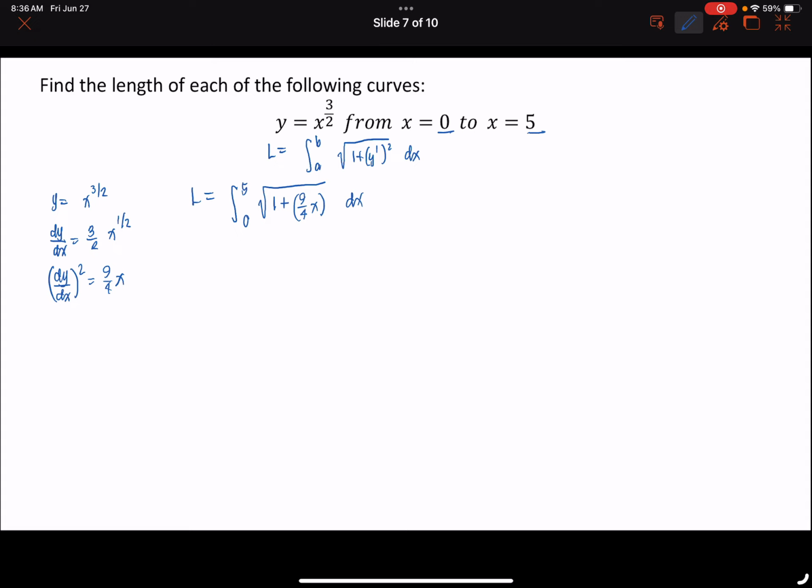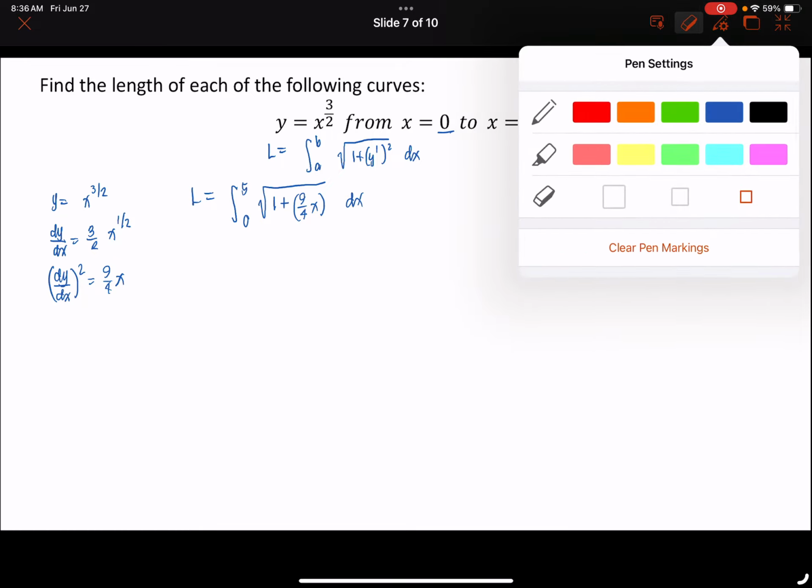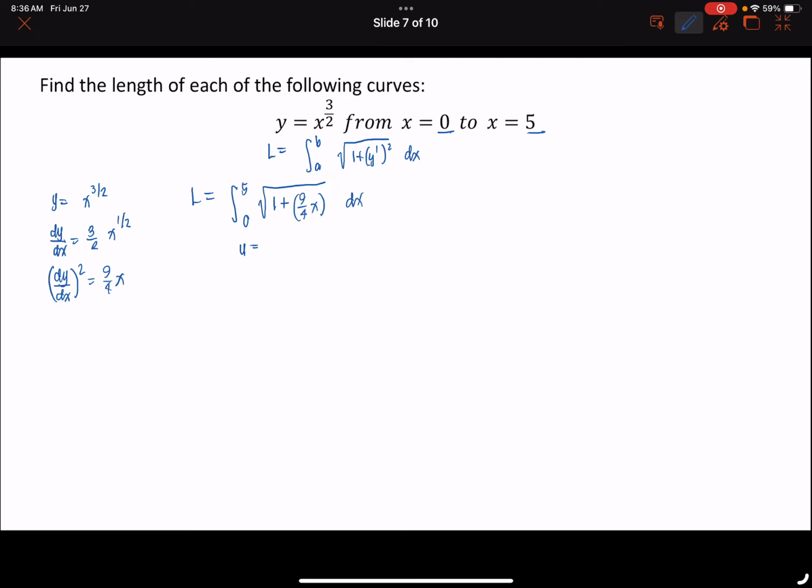So we can let our u be equal to 1 plus 9 over 4 x. So our du would be 9 over 4 dx. So we apply a correction factor of 9 over 4 and neutralize it with 4 over 9.